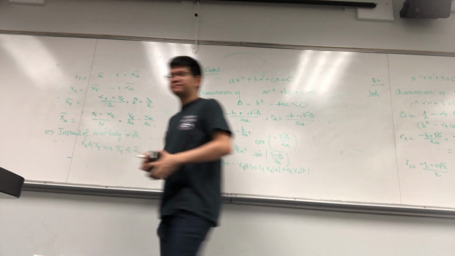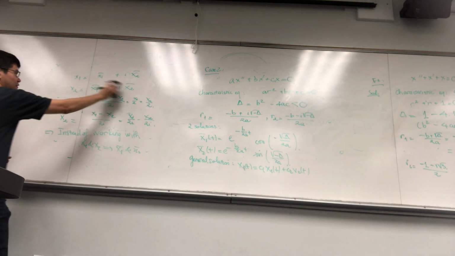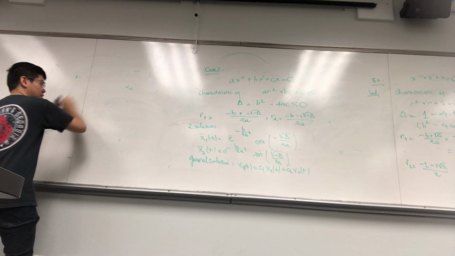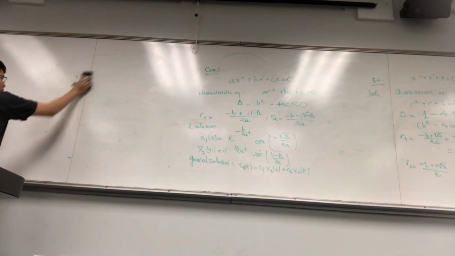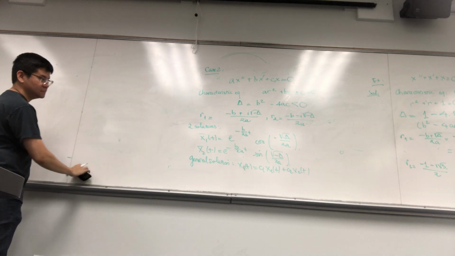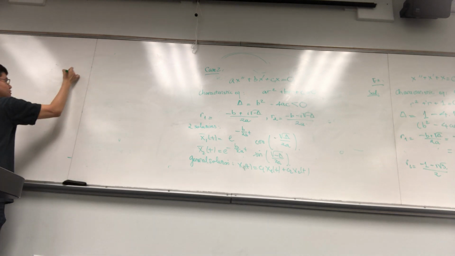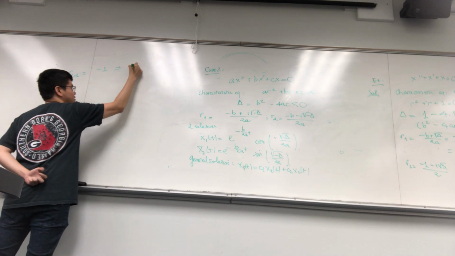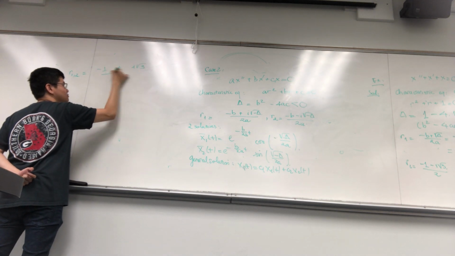All right? So the two solutions will be minus 1 plus or minus i square root of 3 over 2.